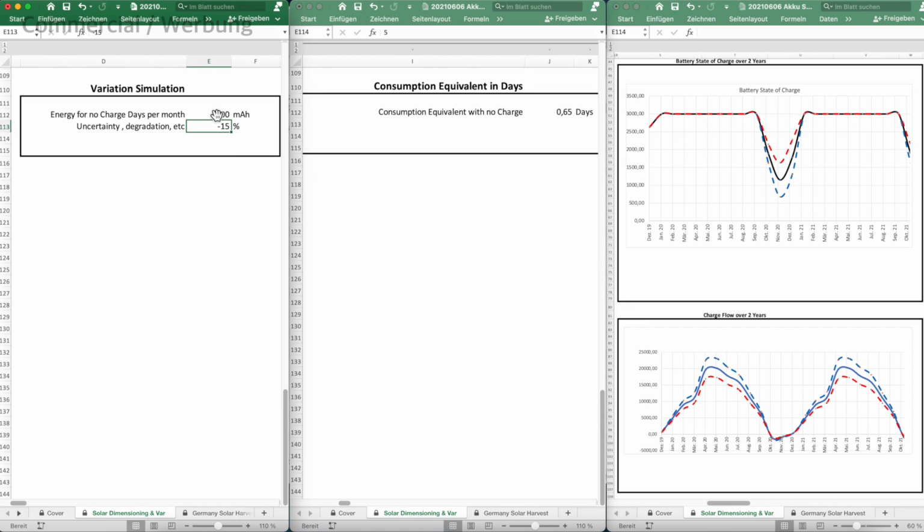The energy budgets are still looking very good, so that we can afford more here. Next we take 400 mAh, which is almost 3 days of consumption.